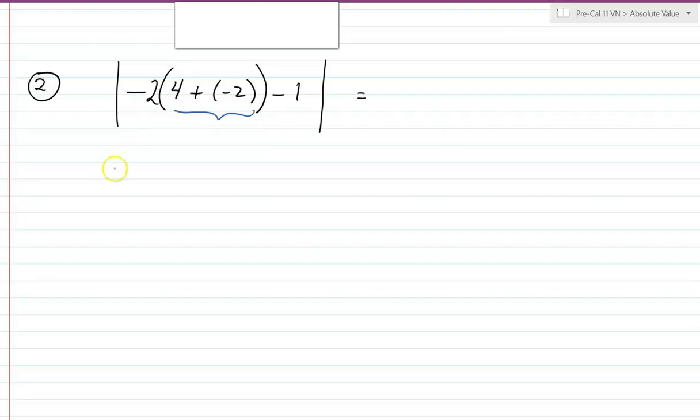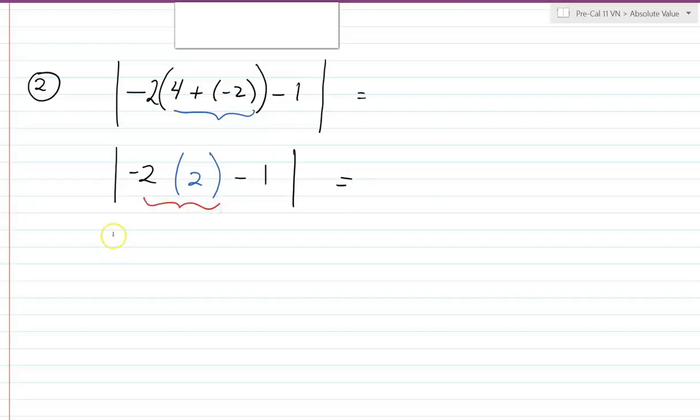So what do we have? The minus 2 stays outside. Inside the bracket, 4 plus negative 2 is positive 2, and then we have the negative 1 outside. Now we're going to deal with the multiplication.